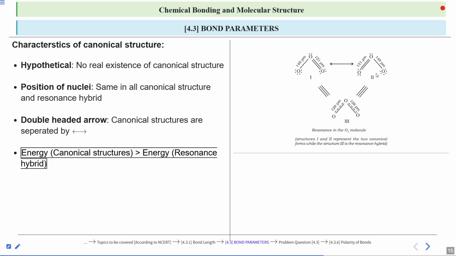If I ask you one more question, what is the relation between these 1 and 2? Are these structures electronically same? What would be your answer? Is their energy same with respect to each other? If you try to see the molecule as a whole, are 1 and 2 having the same structure?